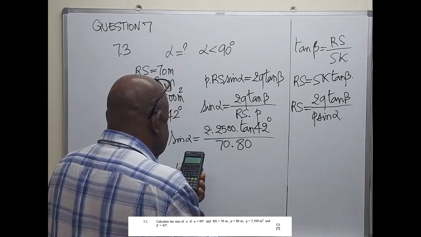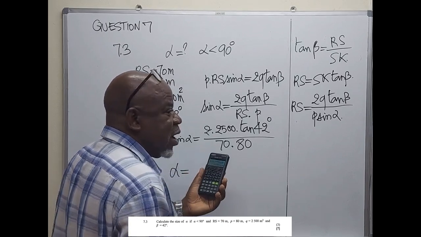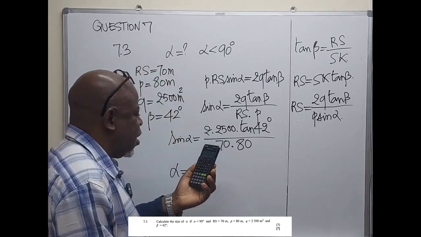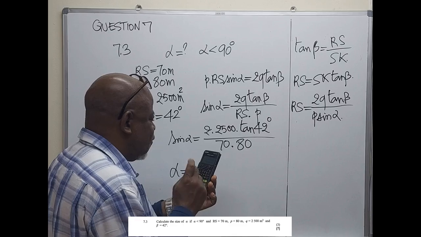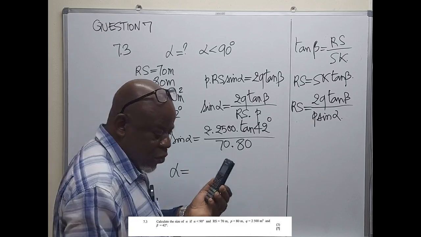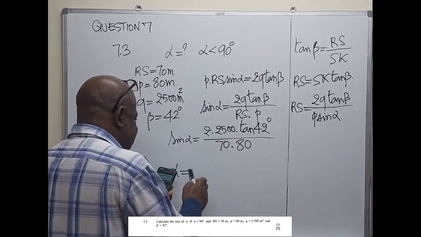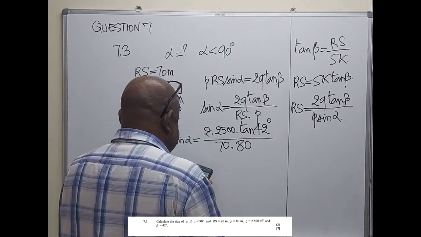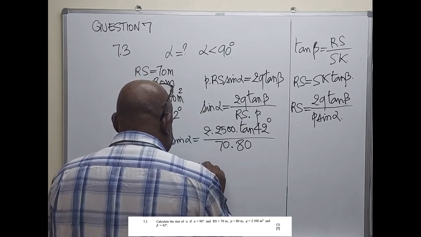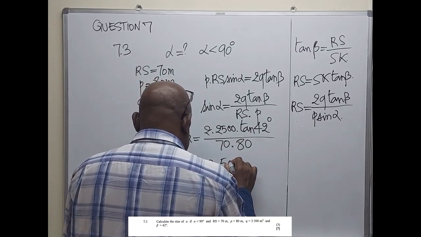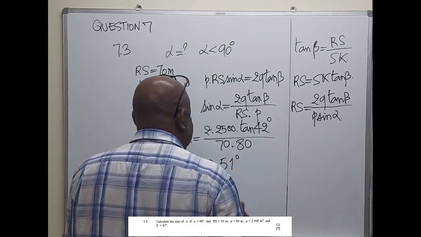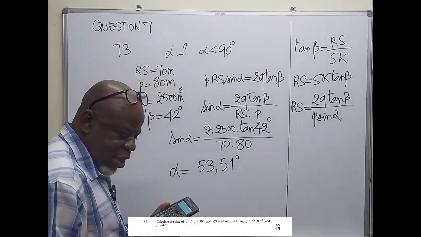When I press equal, the calculator is giving me 53.5725593. So we're going to round off this value to 2 decimal places. So our alpha will be 53.51 degrees. So it's quite simple.